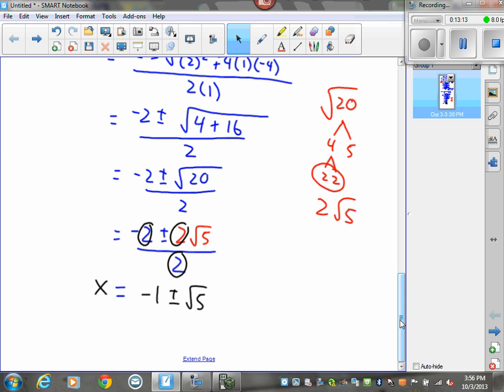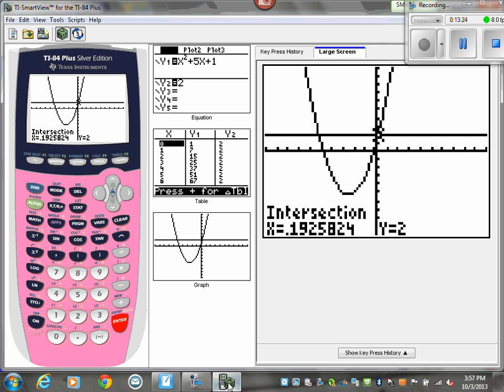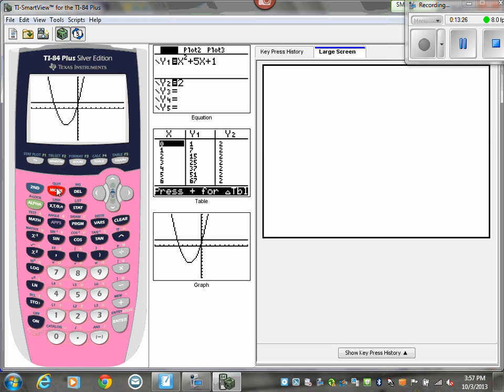Again, I could go to my calculator, and let's do that just to get what those answers look like in decimal form. That way we can compare it to the answers we get when we graph this. So I'm going to quit out of here. I should have negative 1 plus the square root of 5.